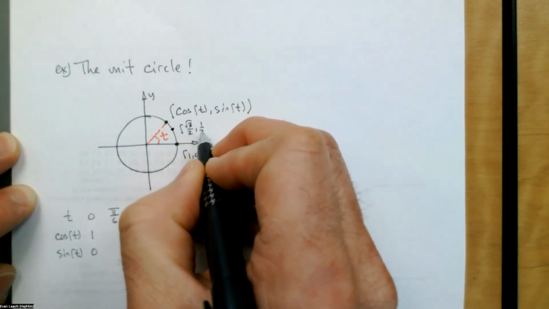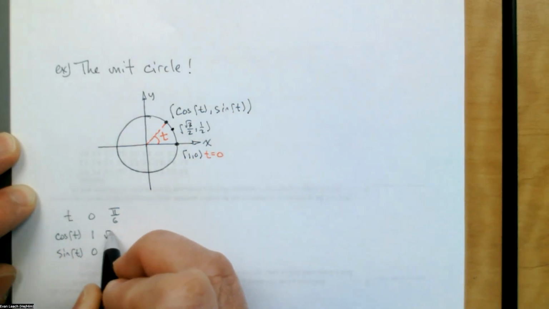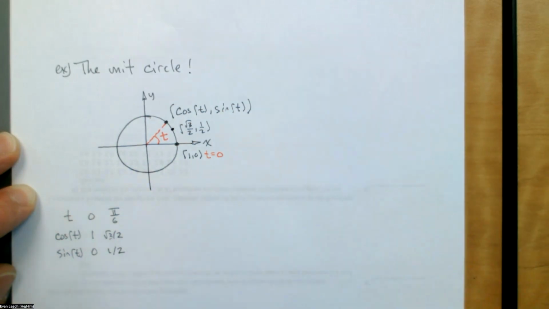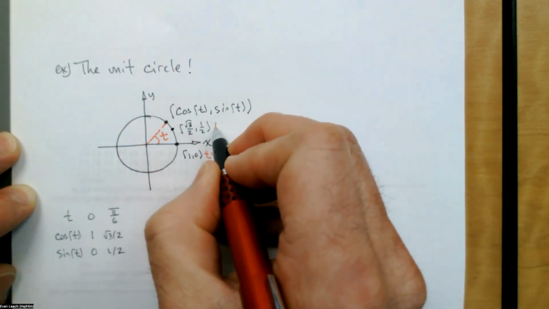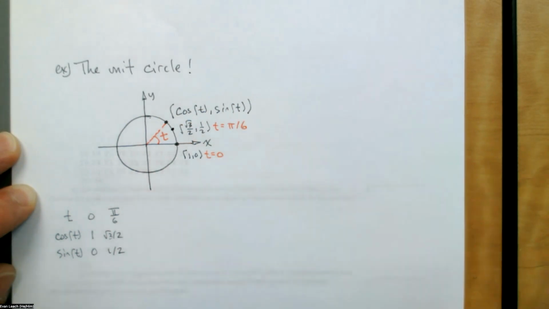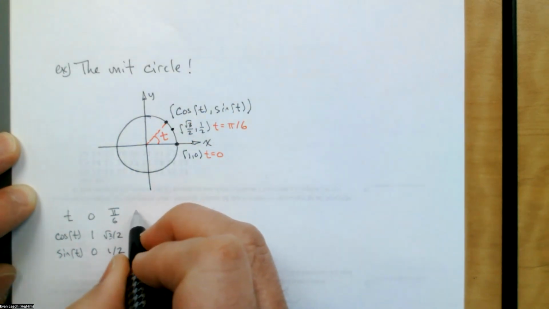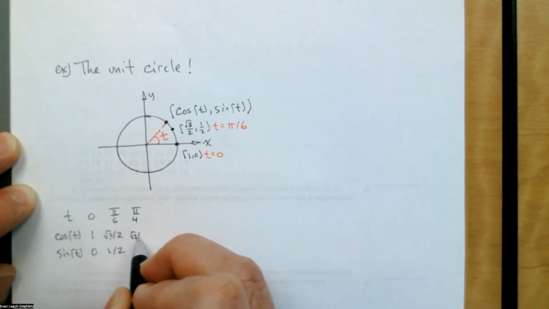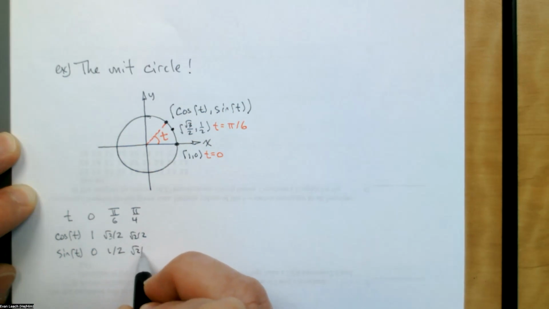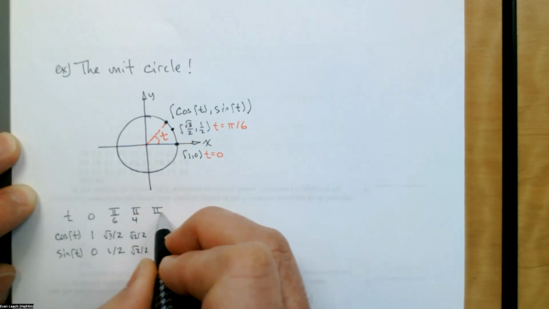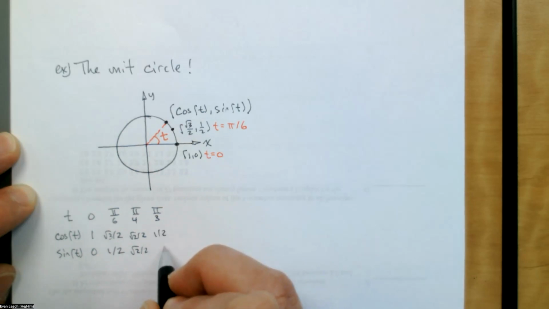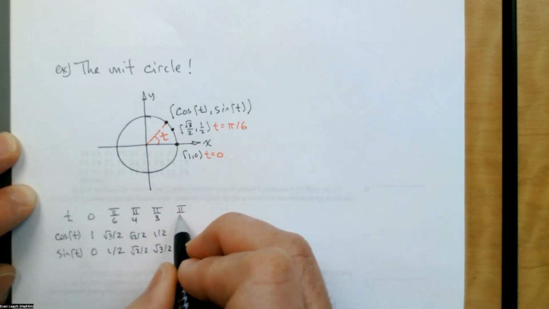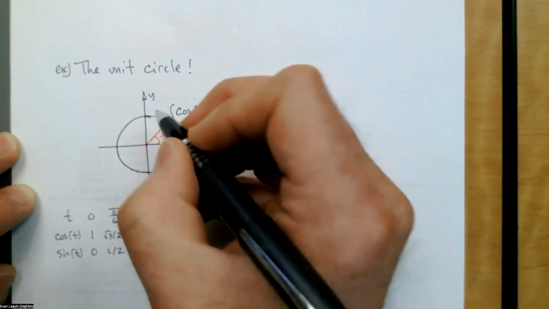The y-coordinate is 1/2. And so we're at this point when t is equal to pi over 6. And we can just keep going around. When t is equal to pi over 4, we get root 2 over 2, and root 2 over 2. Pi over 3 or 60 degrees, we got 1/2, and root 3 over 2. And then at pi over 2, we're at 0, 1.